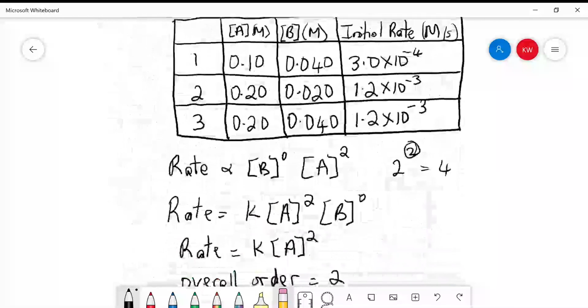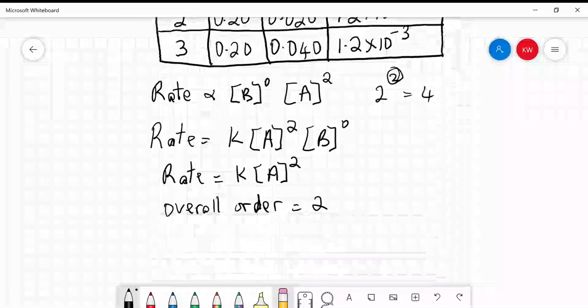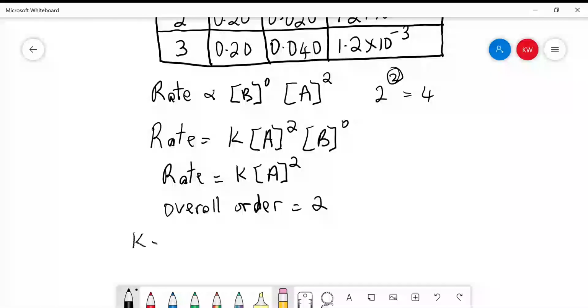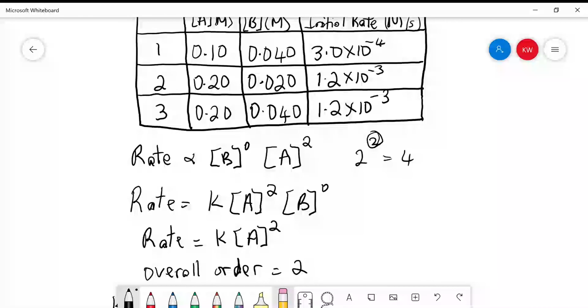Okay, so let's see if we could determine the value for k from this. So k again will be equal to rate over A squared. So we've got to choose one of these experimental data. We could choose the first one, since we looked at the third one in the previous example.